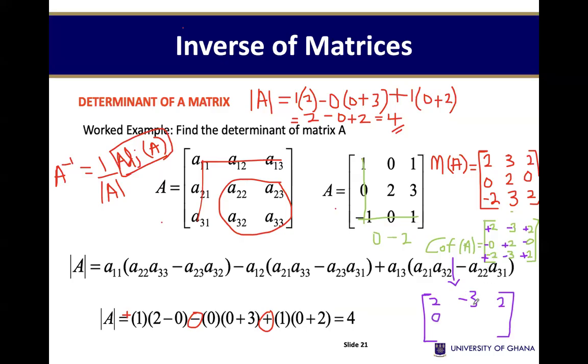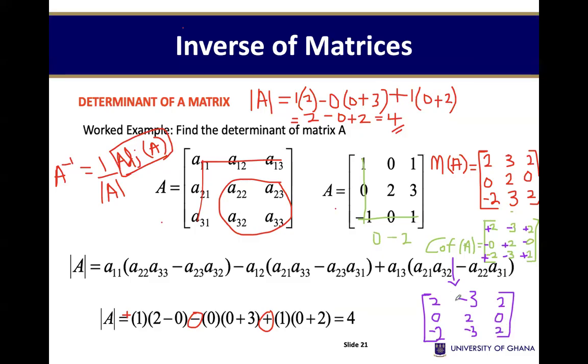This is plus 2, which is the same as positive 2. This is minus 0, which is the same as 0. This is plus of negative 2. So plus 1 times negative 2 is going to give you a negative 2. Then this is minus 3. And lastly, this is positive 2.